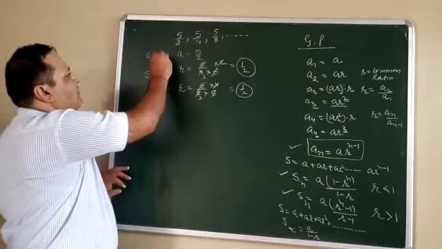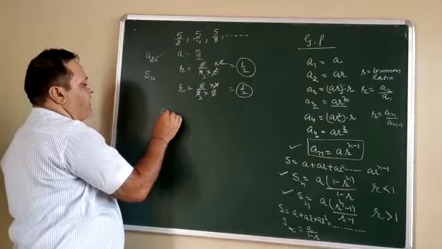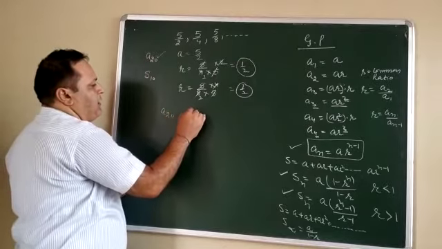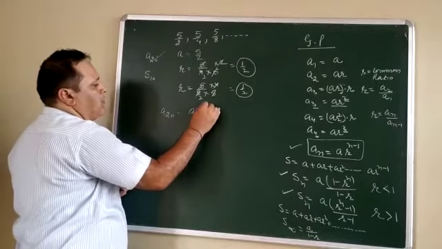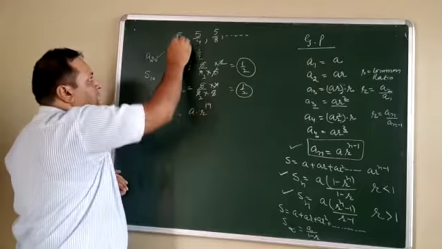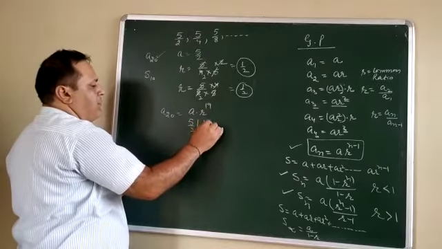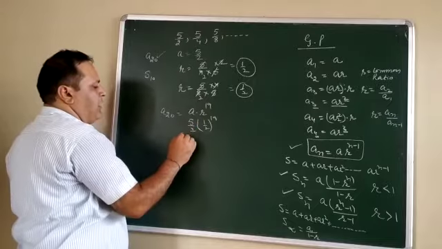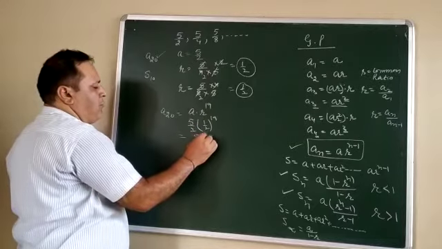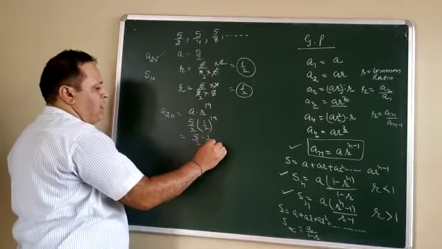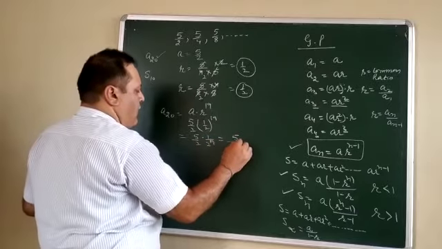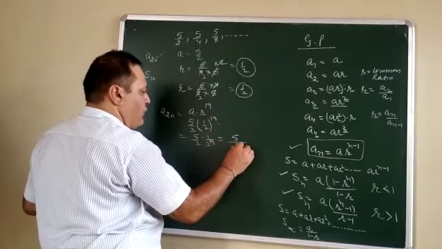Now he asked for the 20th term, A20. A20 is a r to the power 19. a equals 5 by 2, r is 1 by 2 to the power 19, so 5 by 2 times 1 by 2 to the power 19. It equals 5 upon 2 to the power 20.